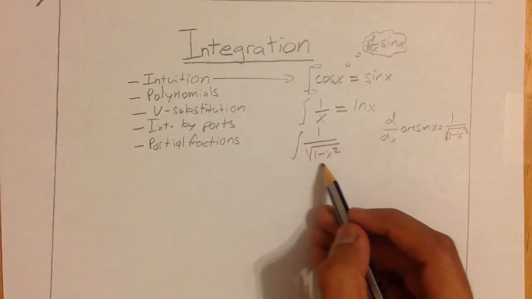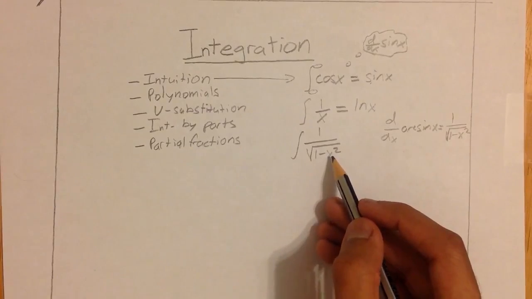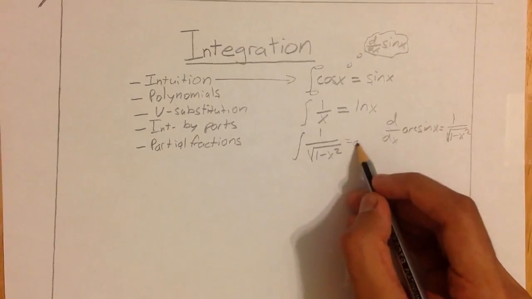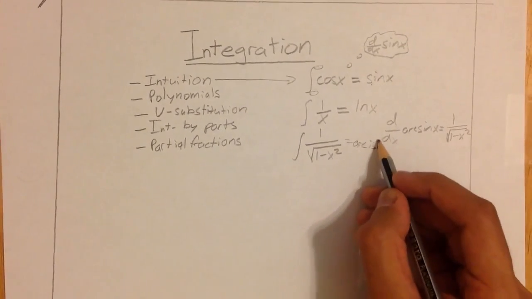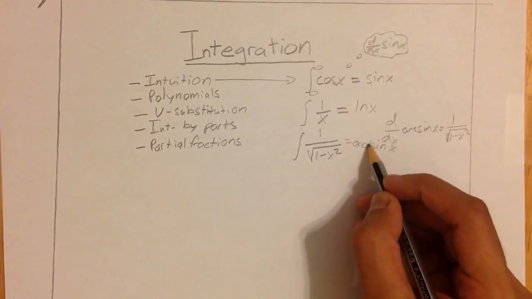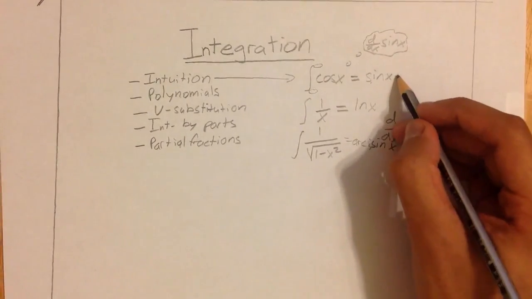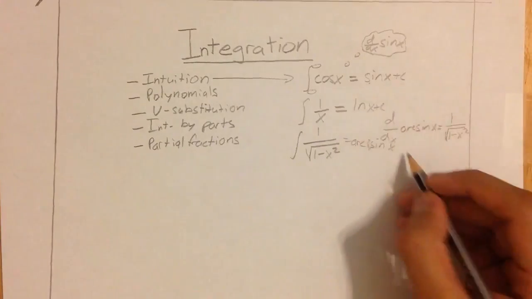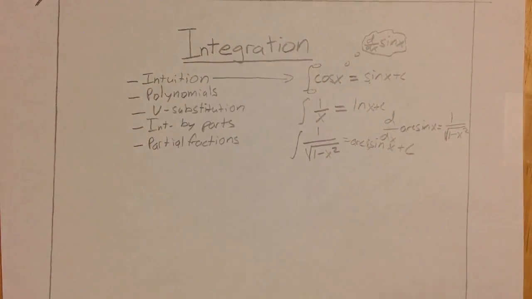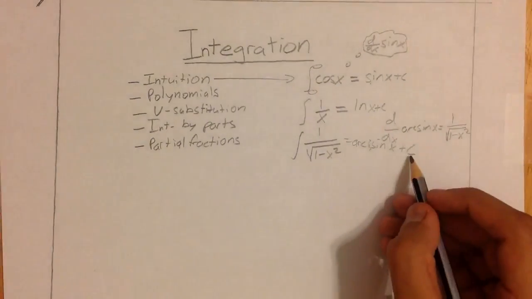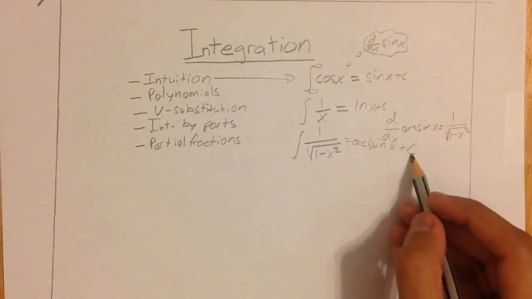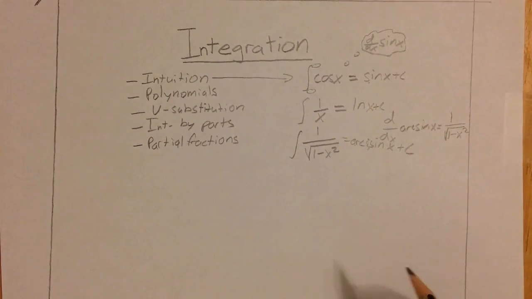So a function like this shouldn't scare you too much. We can just say that this is the arcsine of x. And obviously in each of these we'll have a plus c, and if I forget to do that, don't freak out. But there is a constant added to each of these integrals.